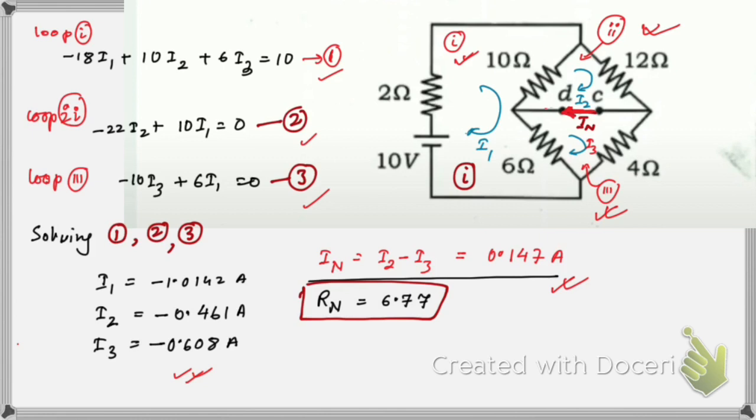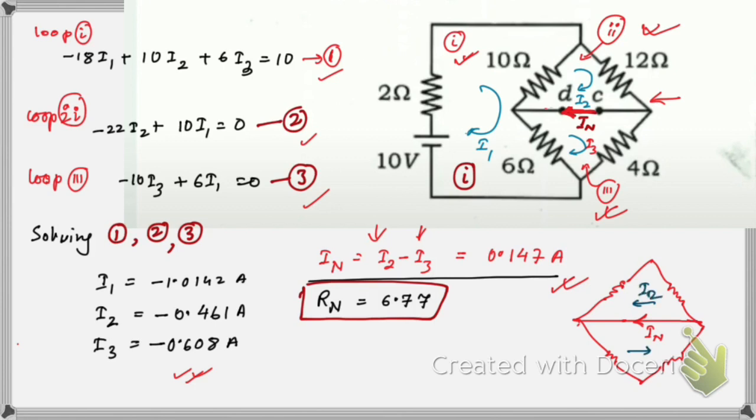So IN will be equal to I2 and I3. Why? Let me show you here. If you see this diagram, this is the direction of IN, right? Here you see, the direction of I2 is in this direction and the direction of I3 is in this direction.